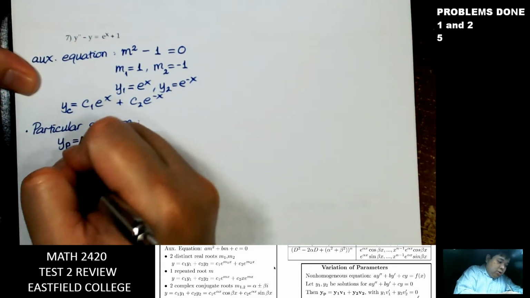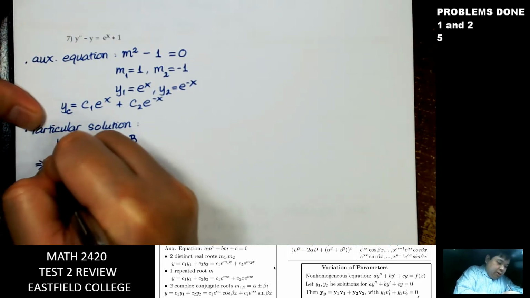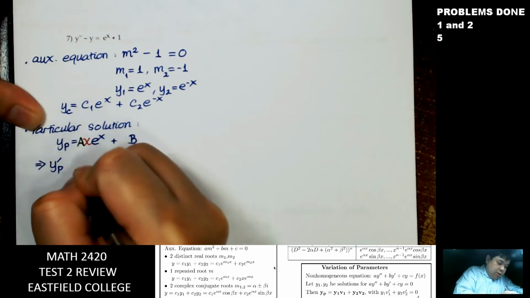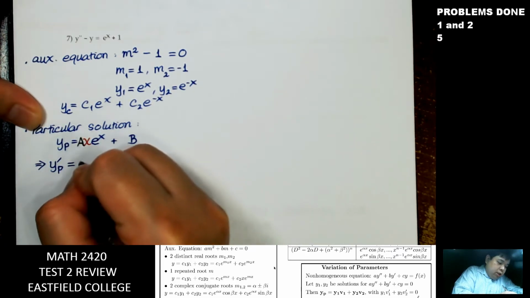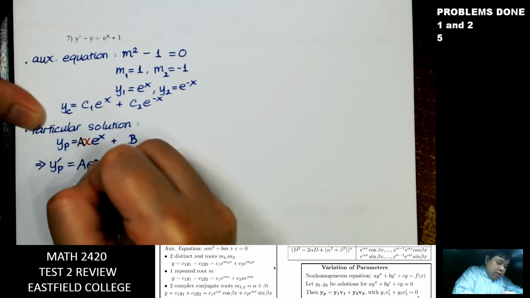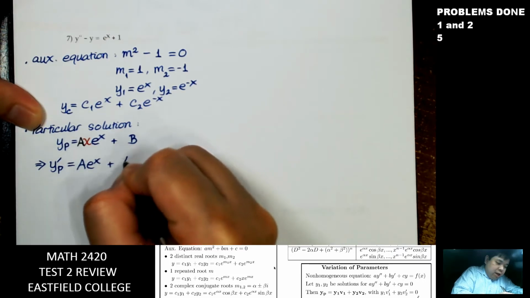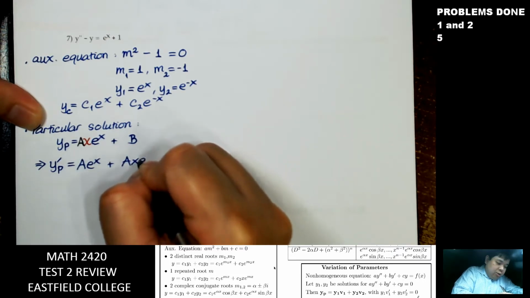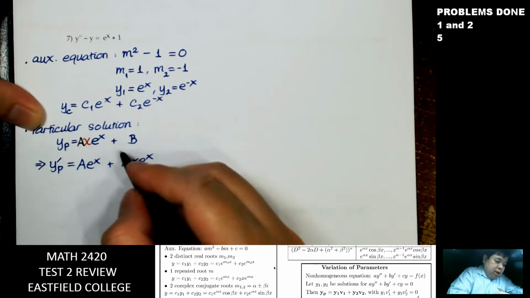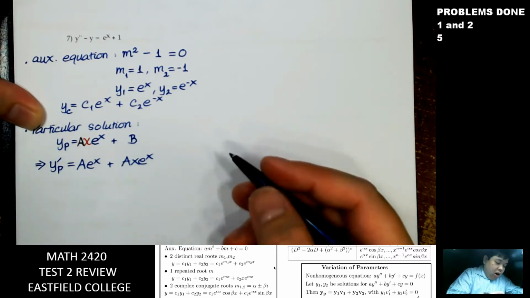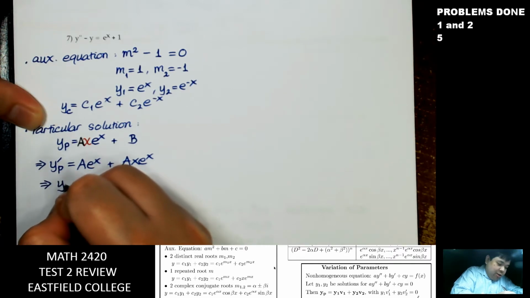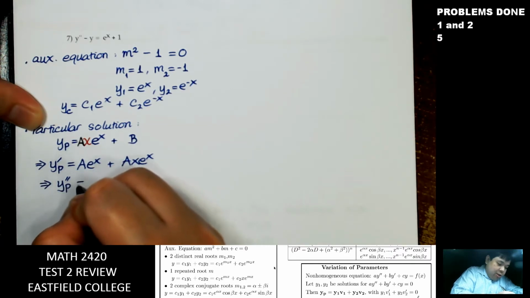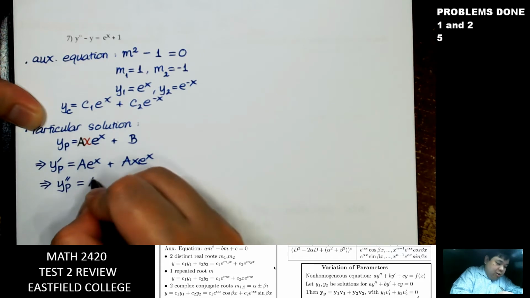Right, so take the derivative. The derivative of this is the product rule, so it will be a e to the x plus a x e to the x. Derivative of b, a constant, is gone. Then we'll take the second derivative. Still the same thing here.